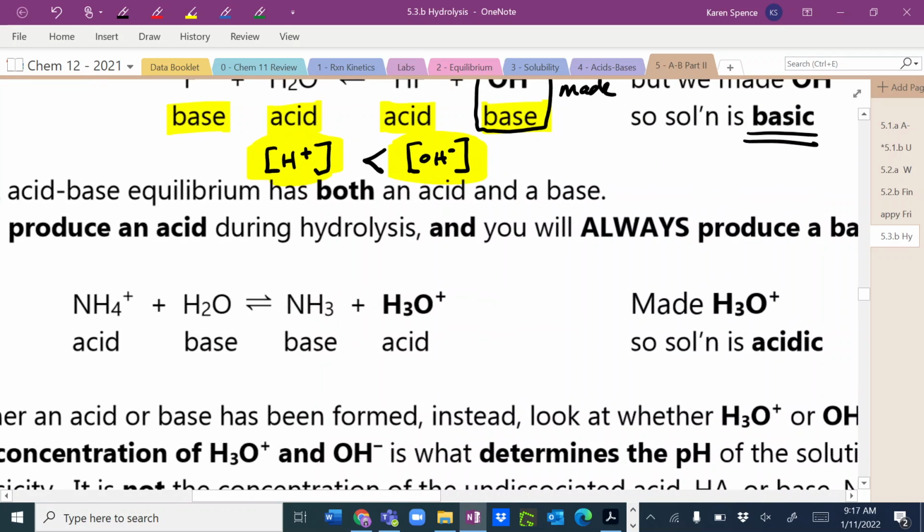Okay, so here's another example. We have ammonium, NH4+. It is a cation. I don't know if you remember, but cationic hydrolysis is always acidic hydrolysis.